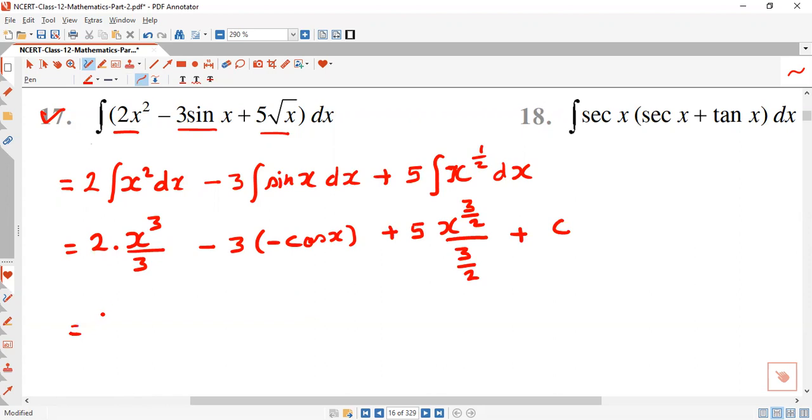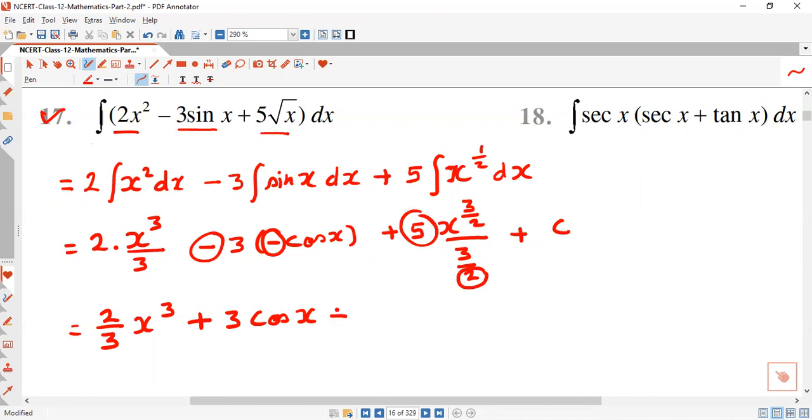So now you see 2 by 3 x cube, minus into minus, you see this minus and this minus multiplied become plus 3 cos x. And this 2 and 5 multiplied make 10 by 3 x raised to 3 by 2 plus some constant c. So this is the answer.